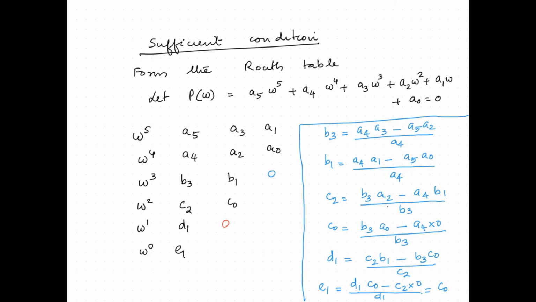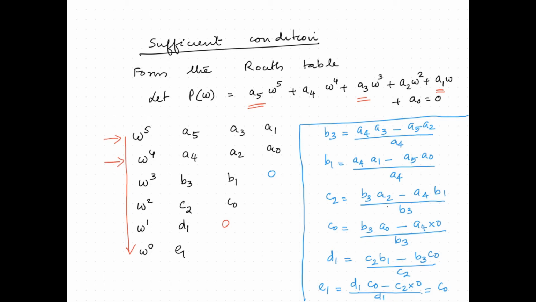Now we consider the sufficient condition. Here we form a Routh table. The Routh table is formed with the coefficients of P of W equal to 0. So first of all we write W raised to 5 down to W raised to 0. Now you fill the Routh table with the coefficients. We take alternate coefficients A5, A3, A1 and write that as the first row.